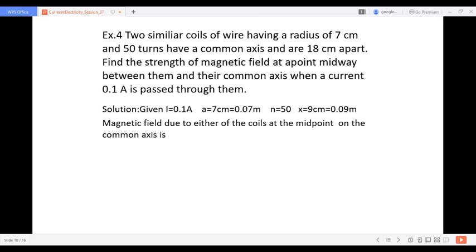So magnetic field due to either of the coils at the midpoint on the common axis is B is equivalent to mu naught Ni A square divided by 2 times (A square plus X square) raised to 3 by 2. Substituting the values, you get 4 into 3.142 into 10 raised to minus 7 into 50 into 0.1 into 0.0049 divided by 2 into (0.0049 plus 0.0081) raised to 3 by 2.